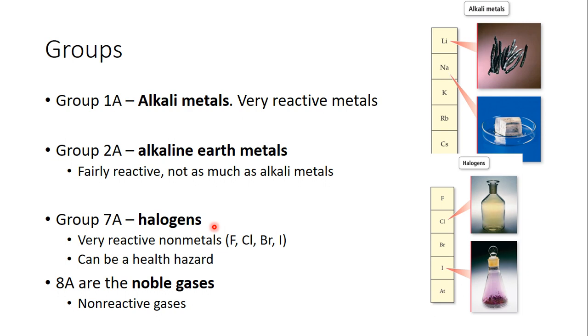Your group 7 elements are called your halogens. They're very reactive. They're usually gases and very health hazardous. So fluorine, chlorine, bromine, iodine. And group 8 are your noble gases, and these gases are non-reactive. We call those inert.